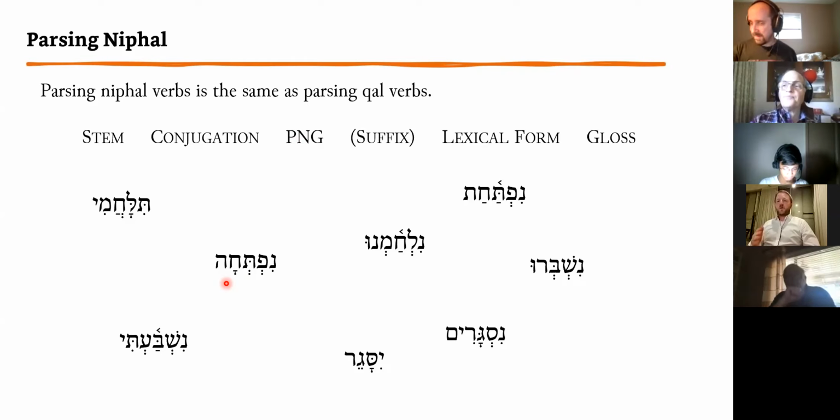You can say that a person niftach elai, like he opened up to me. Niftacha elai, she opened up to me. But it could also be a thing like a scroll, a Megillah niftacha, the scroll opened up.